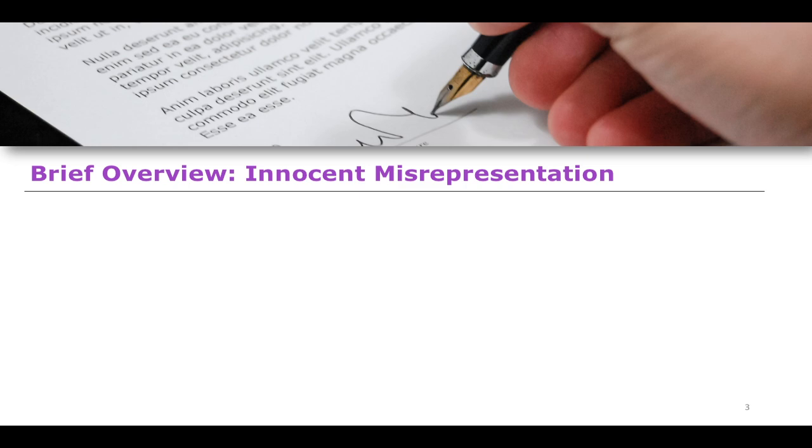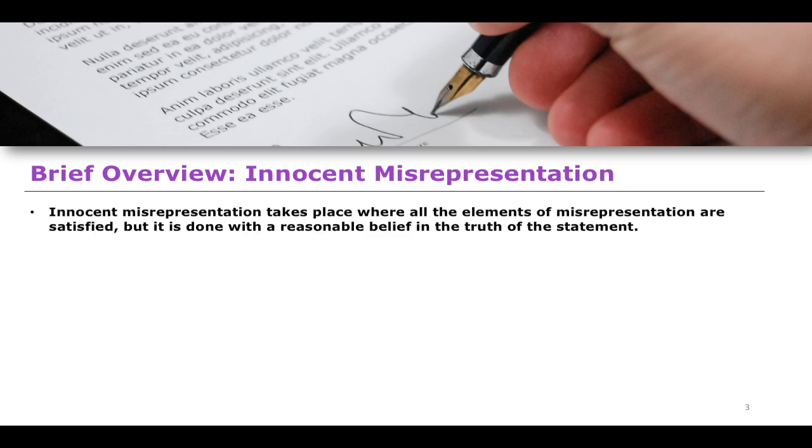We're going to begin firstly with the idea of innocent misrepresentation. As the name suggests, innocent misrepresentation will take place where all of the elements of misrepresentation are satisfied, but it is done with a reasonable belief in the truth of the statement.